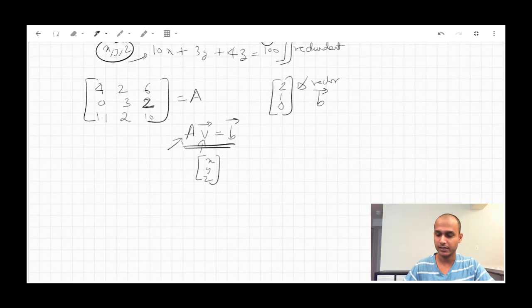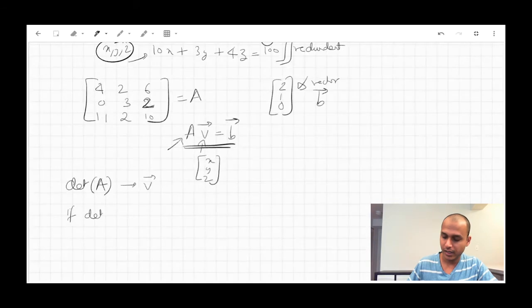But let's first tie it back to this notion of determinant. The determinant of A impacts whether we can find v or not. And how is that? If the determinant of A is not 0, then there is a v.